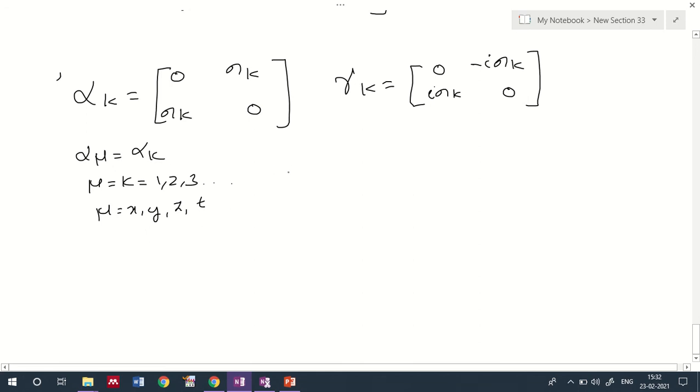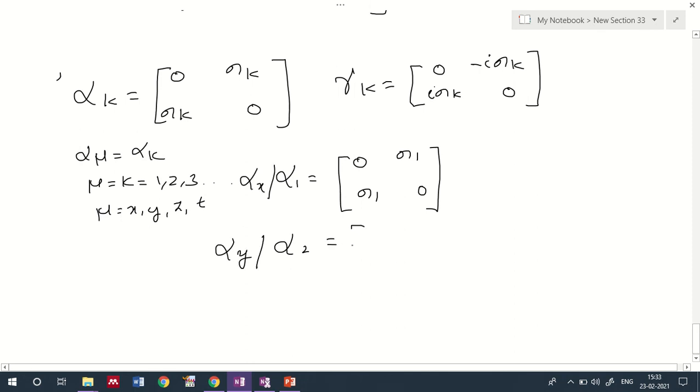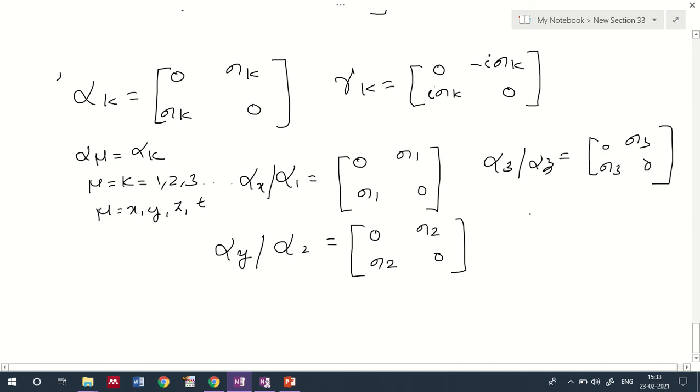If you represent it here, alpha 1 will be 0, sigma 1, sigma 1, 0. That means the first matrix corresponds to the first Pauli spin matrix. Then alpha 2, or alpha y, will be 0, sigma 2, sigma 2, 0. Then alpha 3, or alpha z, is equal to 0, sigma 3, sigma 3, 0.